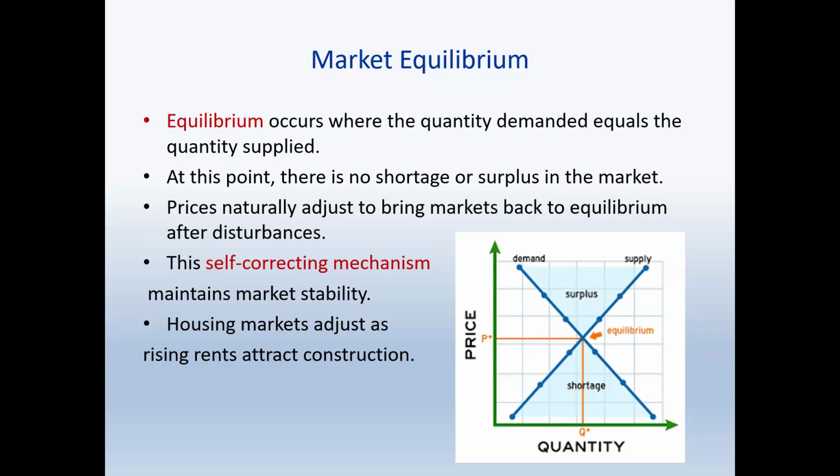The market communicates through surpluses and shortages. A shortage is an indication to suppliers that they need to increase the price and get more of the product, whereas a surplus is an indication for suppliers that they must reduce the price in order to sell the excess inventory. This is particularly true for perishable goods like fruits, vegetables, and meat that will go bad unless they're sold.